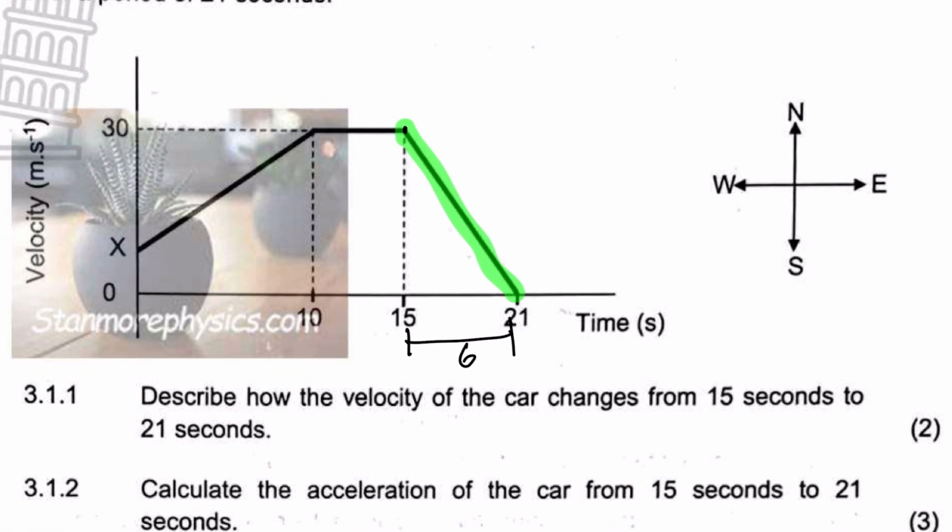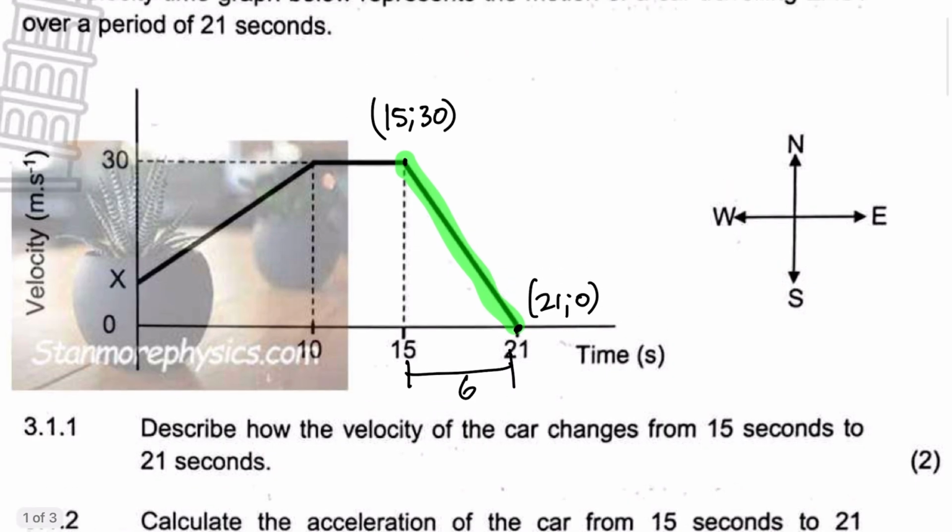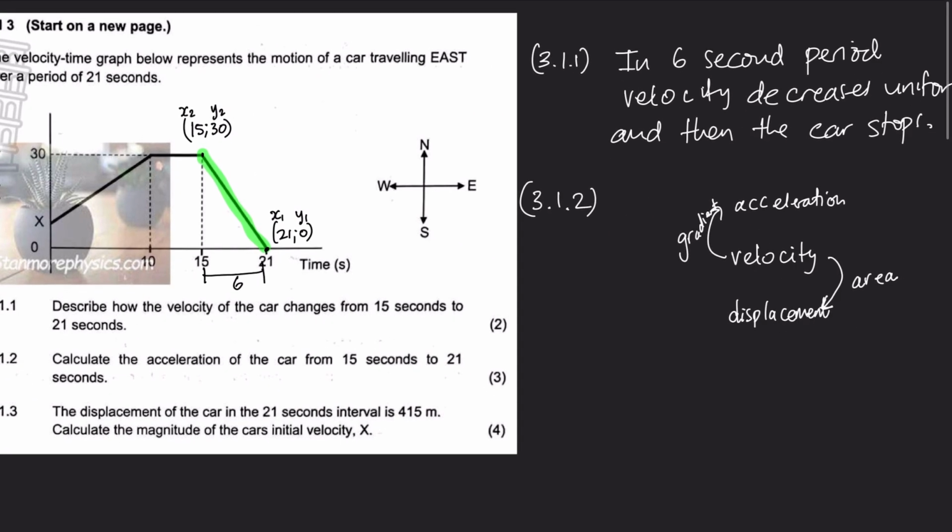This point right here is 15 and 30. This point right here is 21 and 0. Let's mark them. So this can be x2, that can be y2, that's x1, that's y1. It doesn't matter which you choose, you still get the same answer.